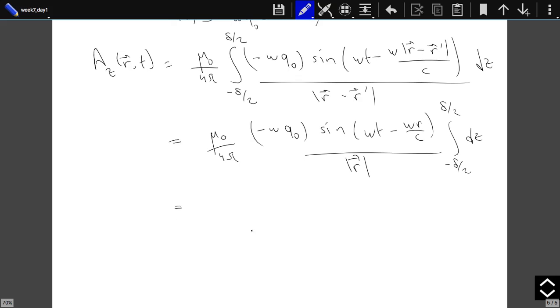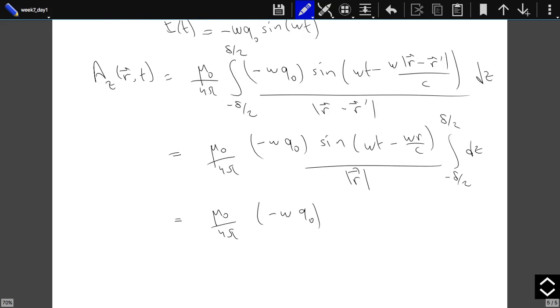This is equal to mu 0 over 4 pi minus omega q0. This is A z: minus omega q0 times delta times sine omega t minus omega r over c.